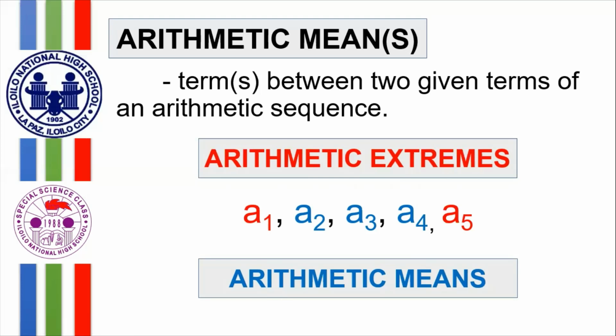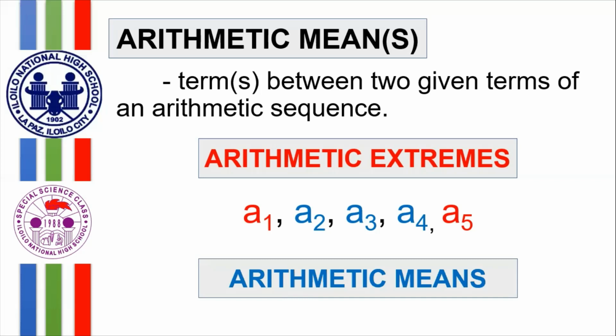I hope I was able to make it clear so far. So the extremes are the first and last. Everything in between are your arithmetic means. We call these arithmetic extremes and arithmetic means because for this case, we are talking about arithmetic sequences.